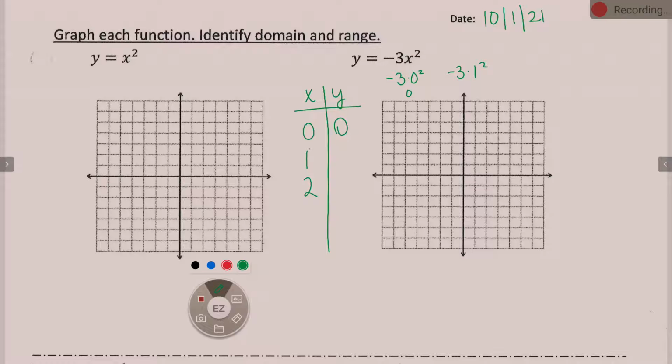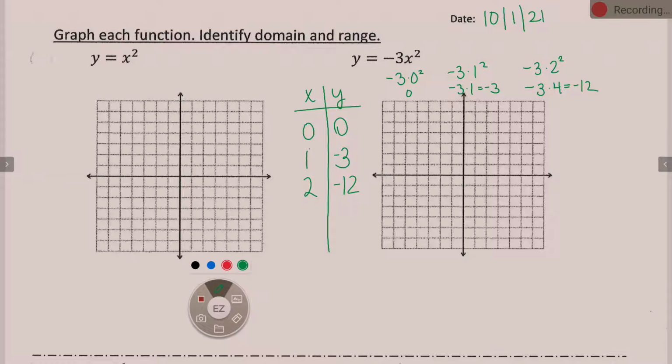Yep. 1 times 1 is 1, and negative 3 times 1 is negative 3. Okay. Put in 2. So negative 3 times 2 squared. Negative 12. Yep. 2 times 2 is 4, and negative 3 times 4 is negative 12.